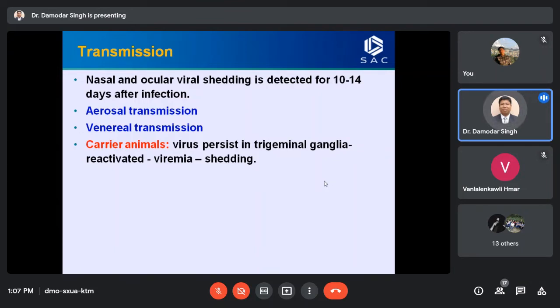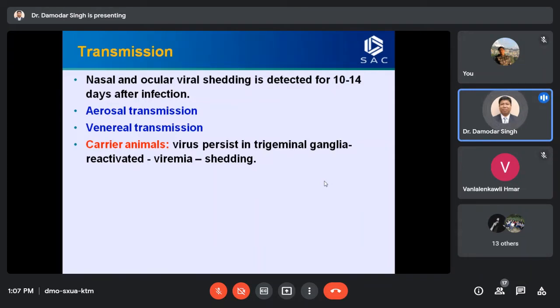When we are talking about carrier animals, the virus can persist in the trigeminal ganglia, which can be reactivated, leading to viremic phases and shedding of the virus particles through the body excretions.